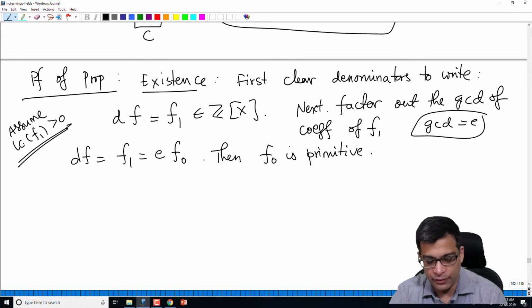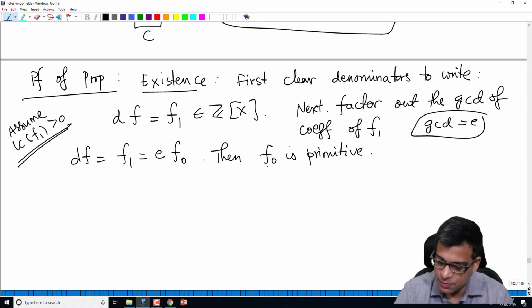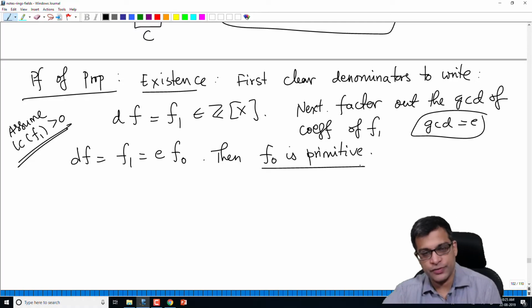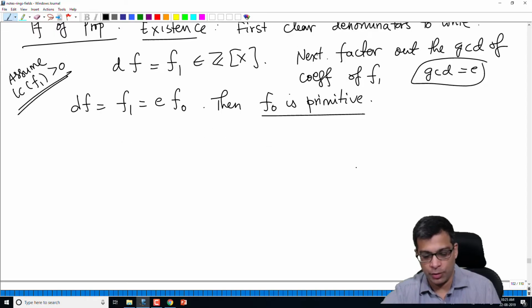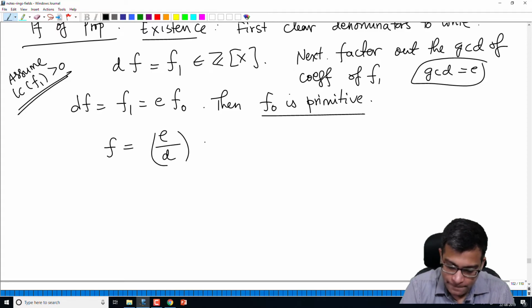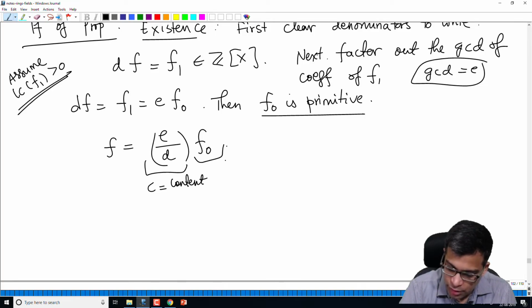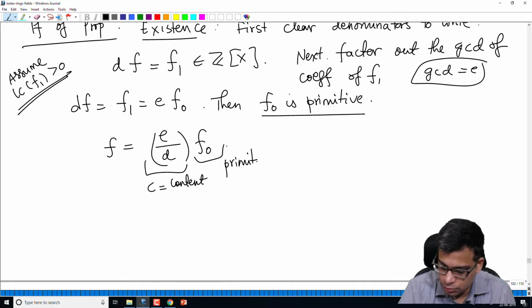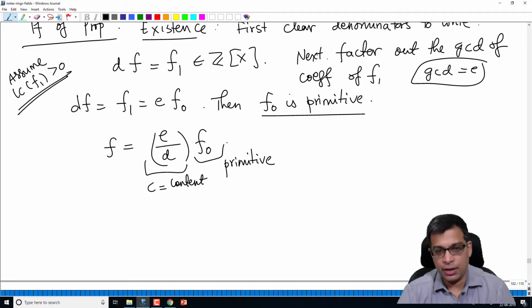Once the leading coefficient of f1 is positive, the leading coefficient of f0 is positive. So f0 is primitive, because we have factored out all the common factors and put them in E. Now we can write f as E/d times f0. So E/d is going to be C, which is the content, and f0 is the primitive polynomial.